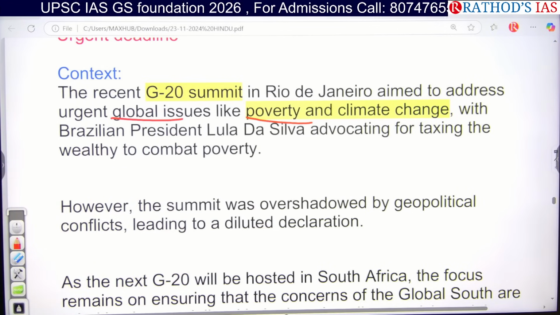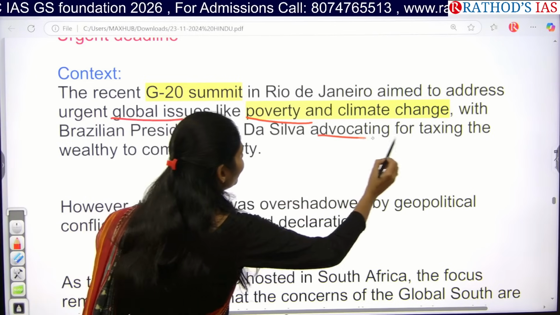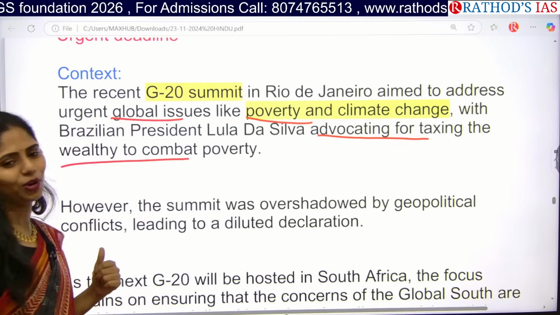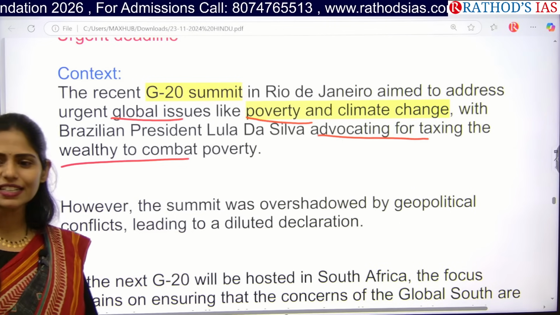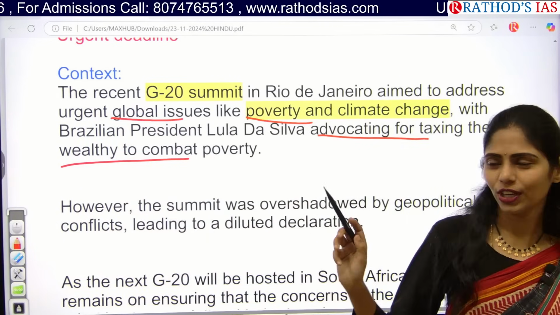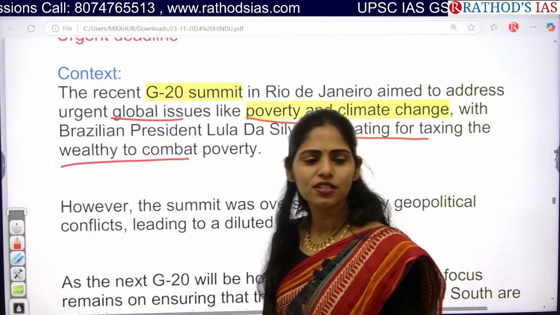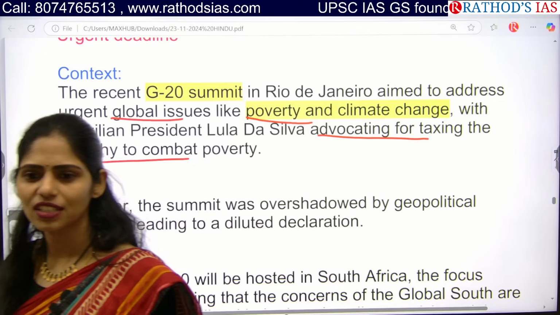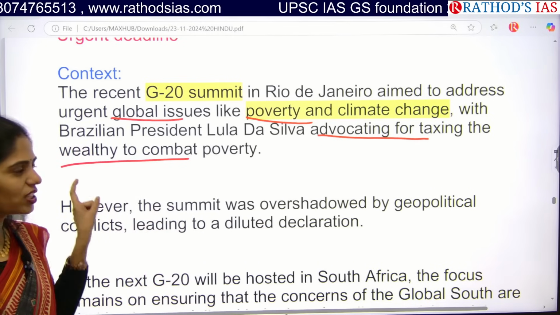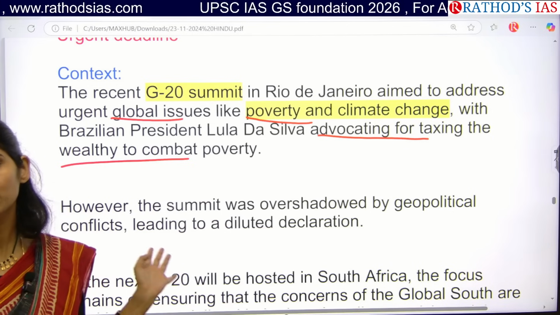And one more important idea which came up from Brazil is they advocated for taxing the wealthy to combat poverty. So now wealthy countries have to contribute to address this poverty. So is it similar to climate finance? We are talking about climate finance in COP29, and now in this G20, Brazil is saying that wealthier countries have to contribute to address this poverty.